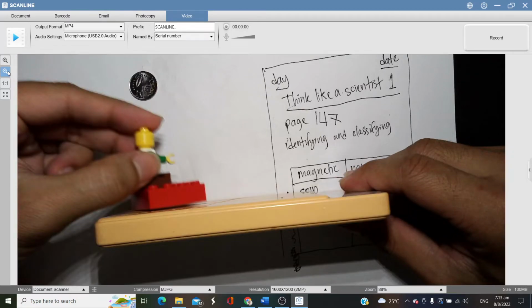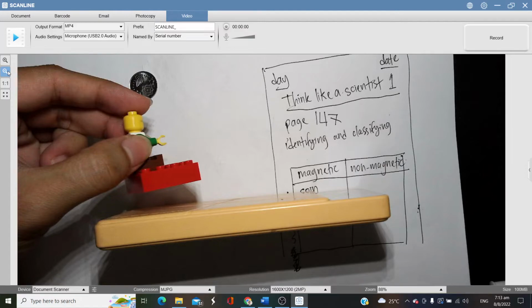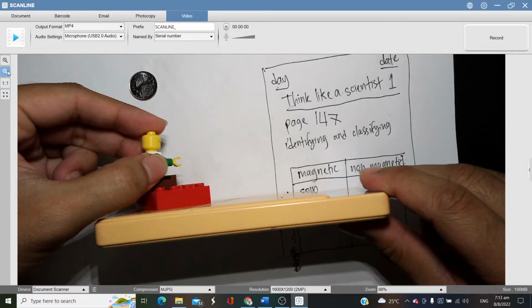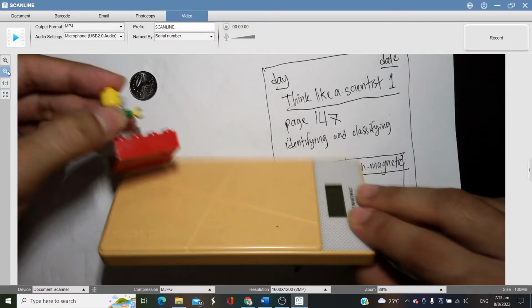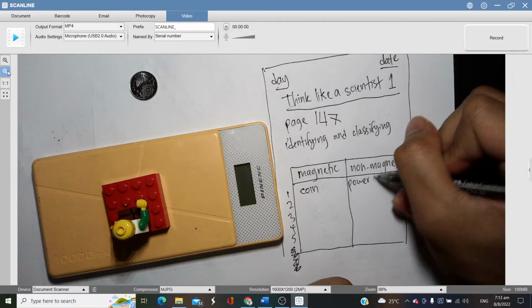Okay, see that? Non-magnetic materials will not repel the magnet, they just do not attract towards the magnet. So this power bank is considered a non-magnetic material.